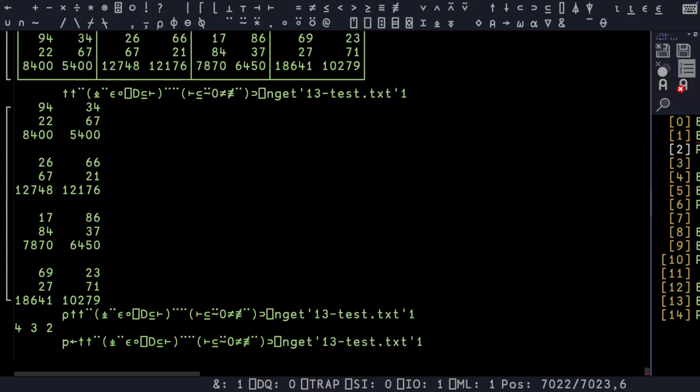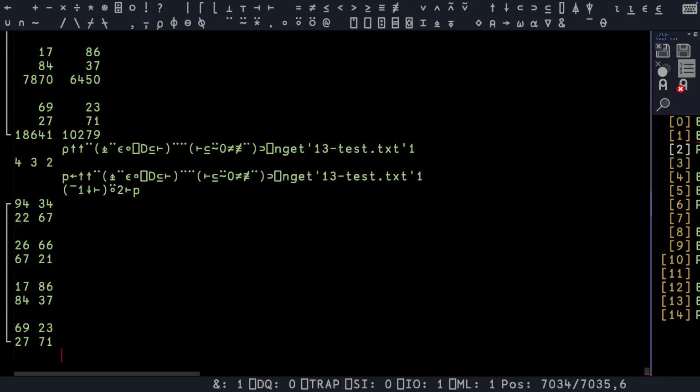Now, each one of these matrices in our input describes a system of linear equations. So we can write a function that runs rank 2 on P. Rank 2 means applying it to each matrix. I'm going to do a train here. Why not? So we could do -1 drop, and that will give us the upper matrix of each one.